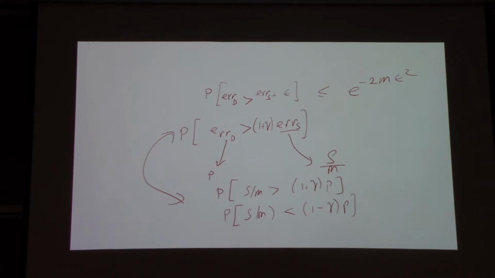Think about what else you have in play. For example, for this form, you know that 0 is less than or equal to gamma, which is less than or equal to 1. That's given to you. Everything below the line is part of the Chernoff bound. Everything above the line, let's look at this.